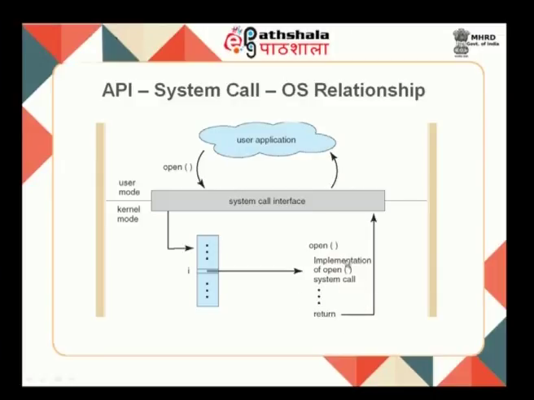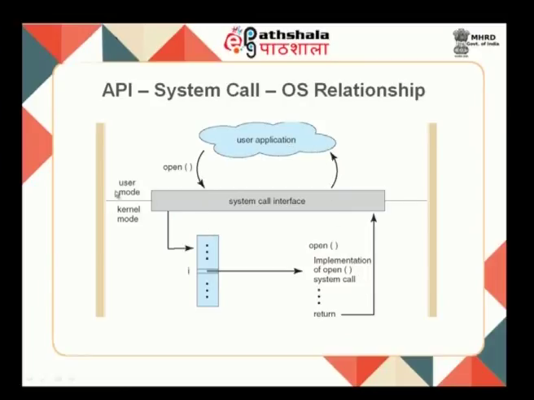The kernel will execute whatever needs to be done, and generally for this open system call, the return value will be a file descriptor. For example, if you are trying to open a file, the return value will be a file descriptor. The file descriptor will be returned to the system call interface, and that will be given to the user.